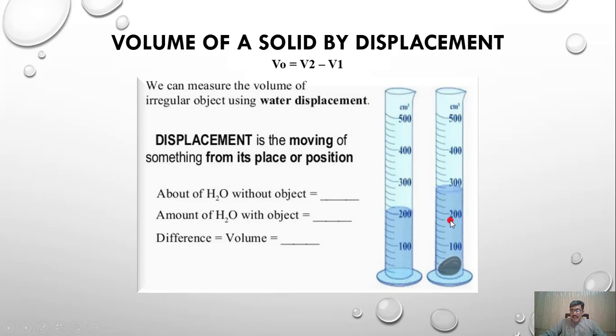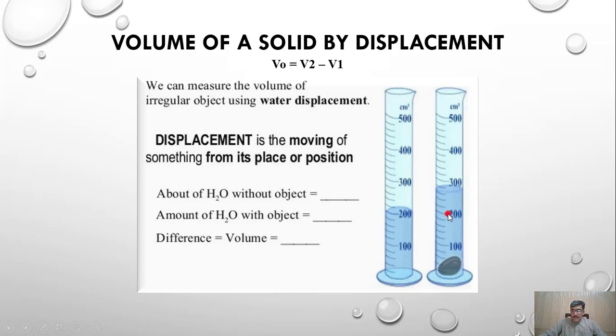So similarly here, we have to add this irregular shaped object in this measuring cylinder. After that you will see the level of water is raised. So the level of water is displaced. Previously it was 200 centimeter cube when there was no irregular object inside. Now it is displaced.